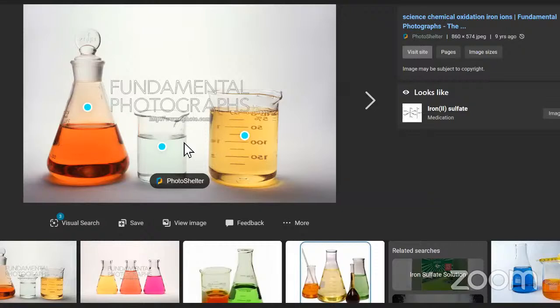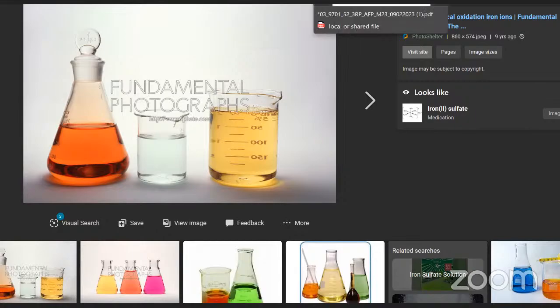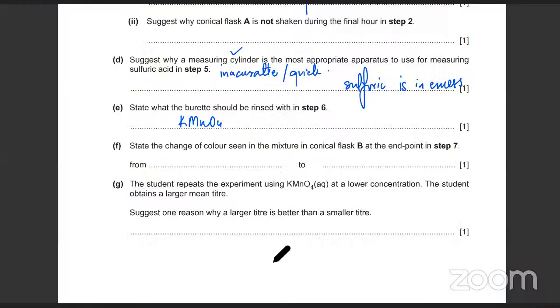So assuming that the concentration is very little, check the color marking scheme for this one. But usually they just go from colorless to purple, pale pink. But even if you write pale green, not just green, that would still be considered correct.